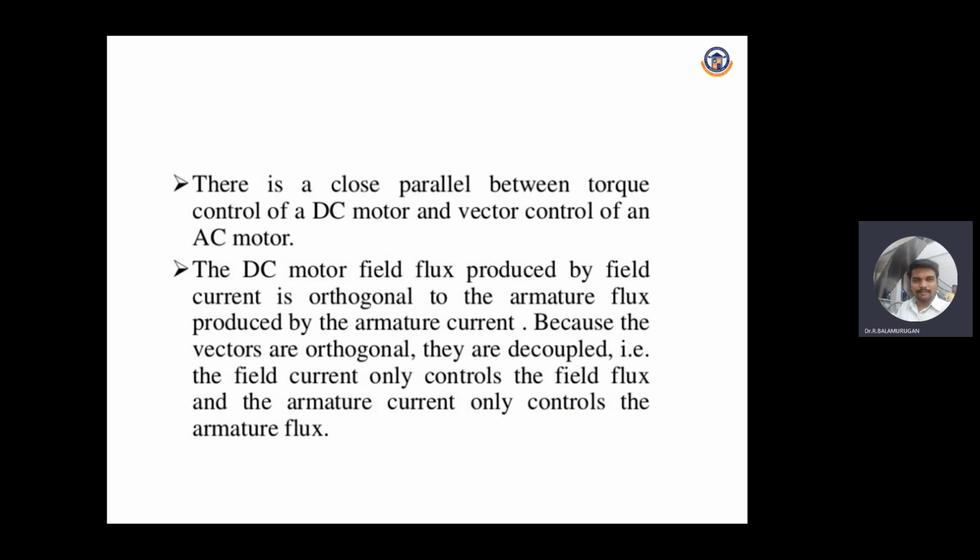So from these equations, we can summarize that torque control of DC motor and vector control of AC motor are similar. In the DC motor, field current is orthogonal to armature flux, so we can say both are decoupled. So field current controls only the field flux and armature current controls only the armature flux.